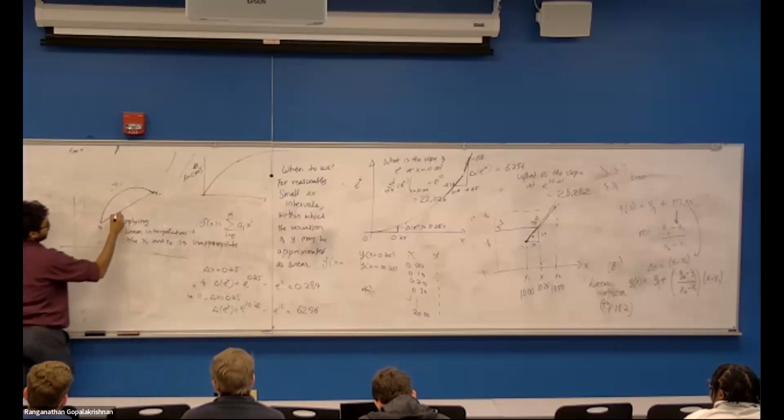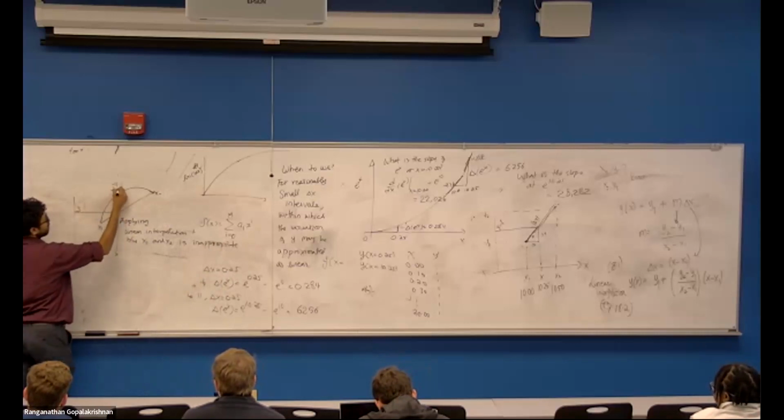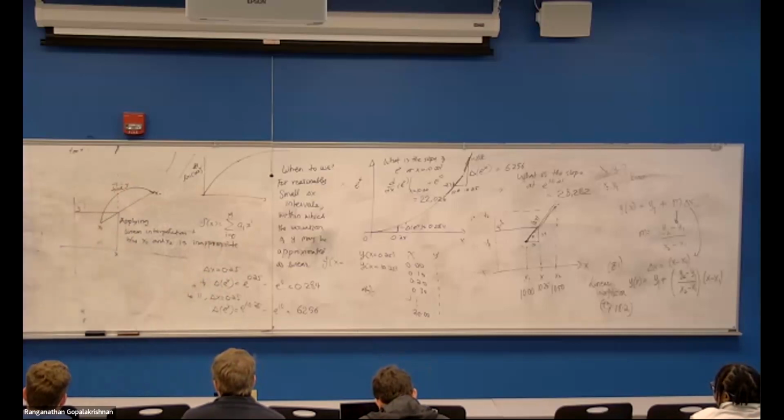That is, suppose your x value is here, you would read this as your y, whereas the true y is here. That's the problem. So how do you solve this problem?